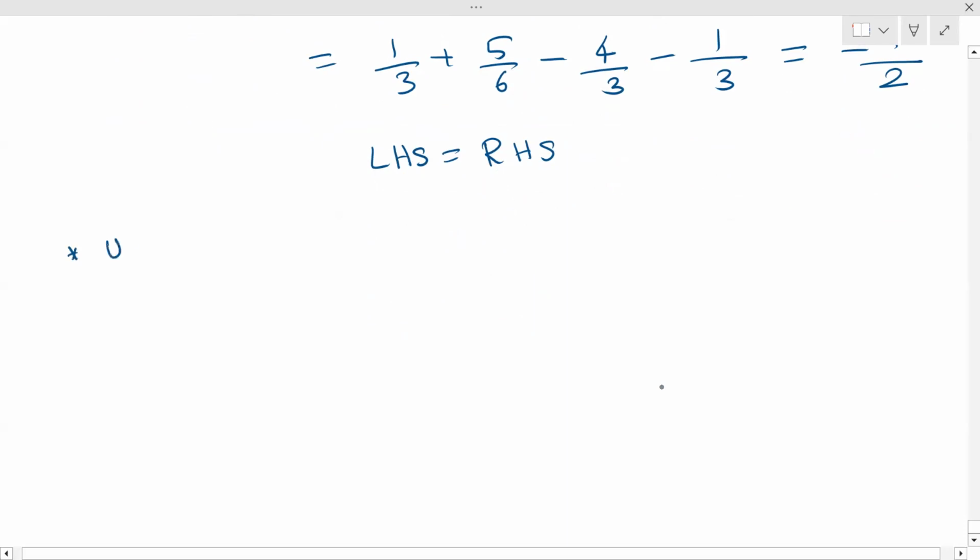Next problem, using Green's theorem, evaluate.